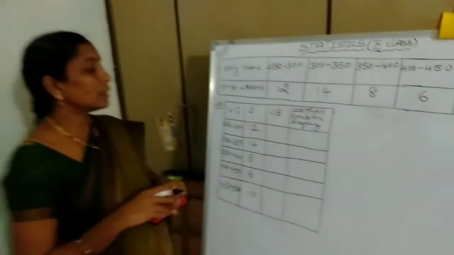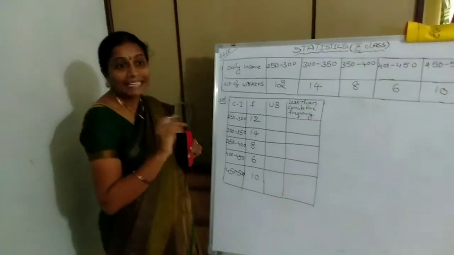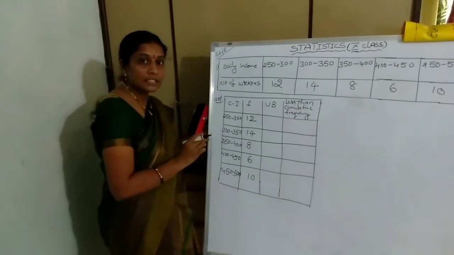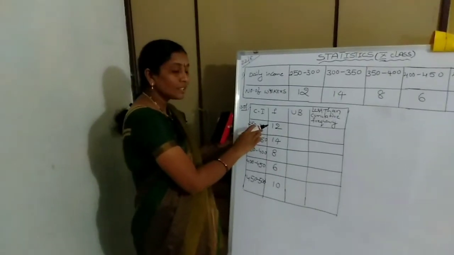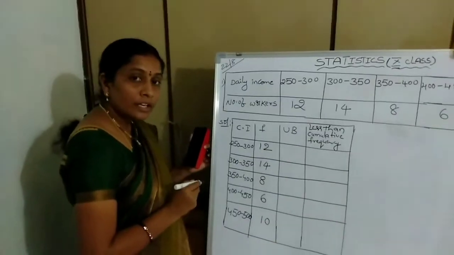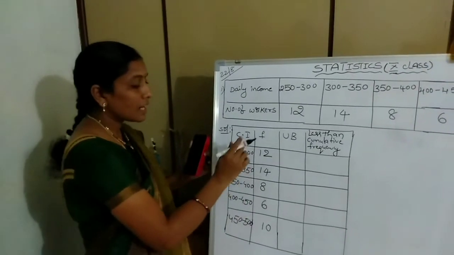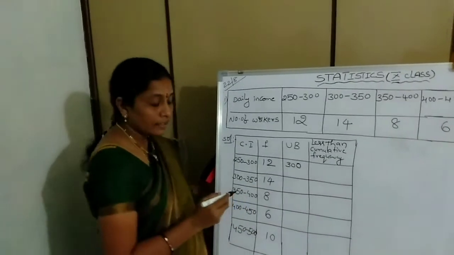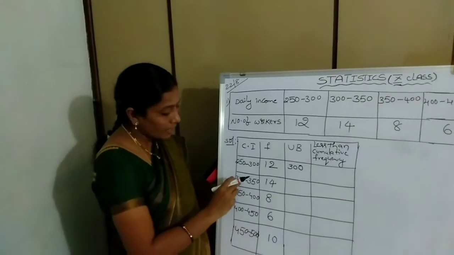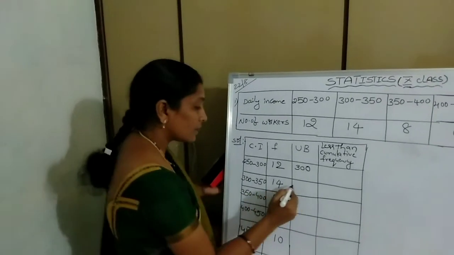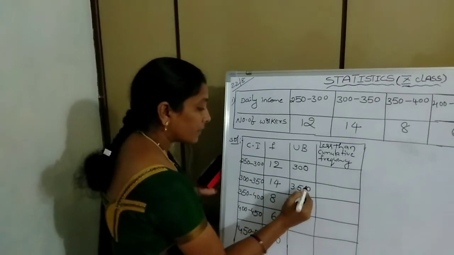Now we can find the upper boundaries of each class interval. In the first class interval, 250 to 300, which is the upper boundary? Yes, very good, 300 is the upper boundary. We can write 300 here. In 300 to 350, the upper boundary is 350.